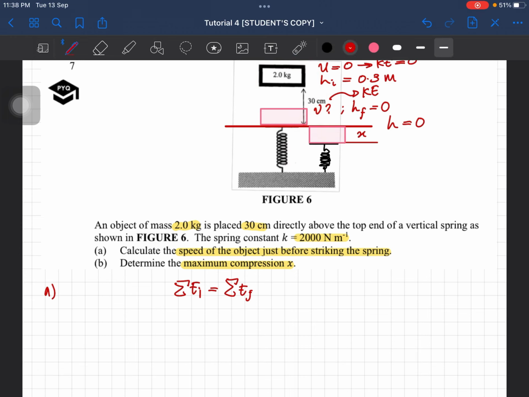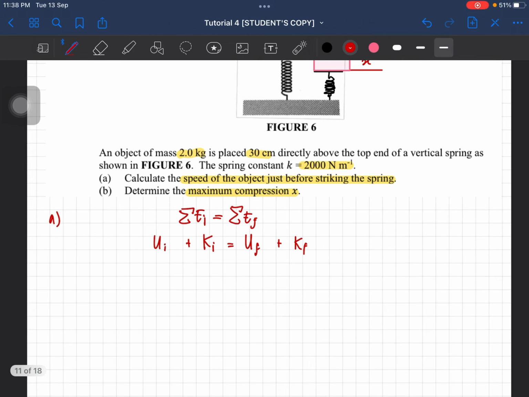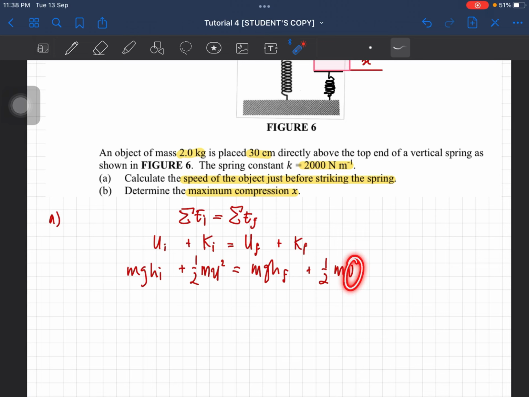For this situation, there is only kinetic energy and gravitational potential energy. Now you write mgh initial plus half mu squared equal to mgh final plus half mv squared. So we are looking for this v.